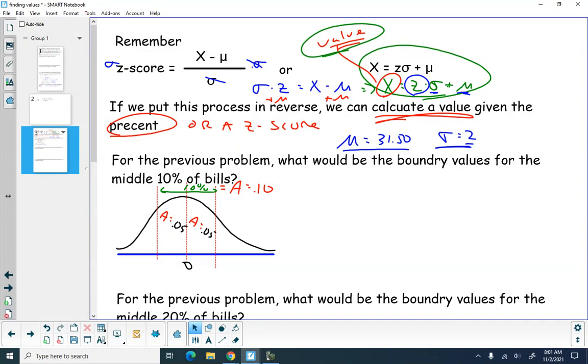So we go into the body and we're not going to get an exact value, but we can get a close enough value, the closest value to 0.0500. So we look in our table for the closest value to 0.0500.